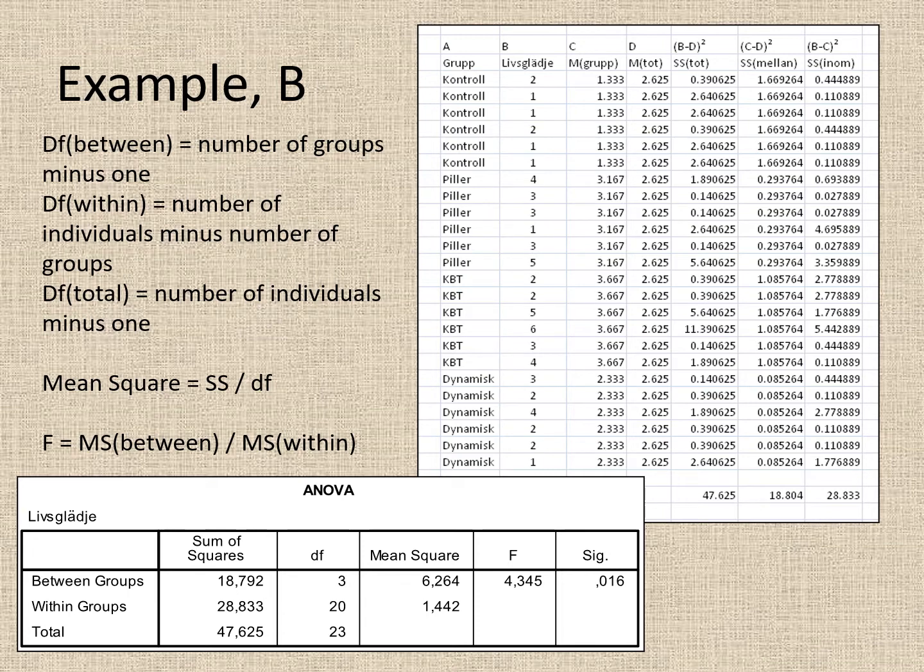What do we translate that value to? Proportion in an F distribution. An F distribution is a frequency distribution. We translate it to a probability.